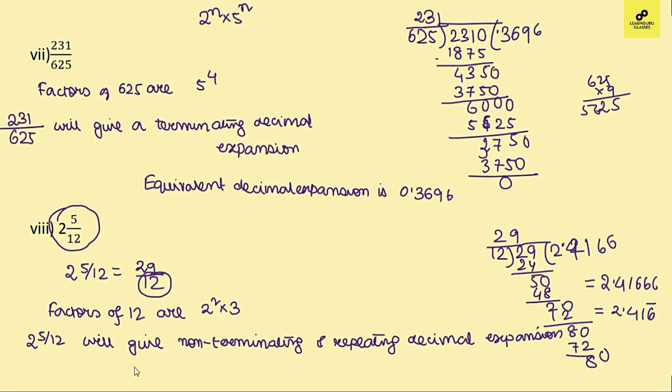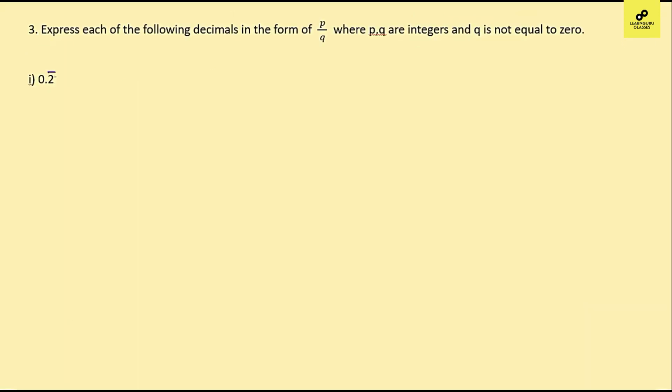Okay. So equivalent decimal expansion is 2.416 bar. The third type of sum is express each of the following decimals in the form of p by q, where p, q are integers and q is not equal to 0.